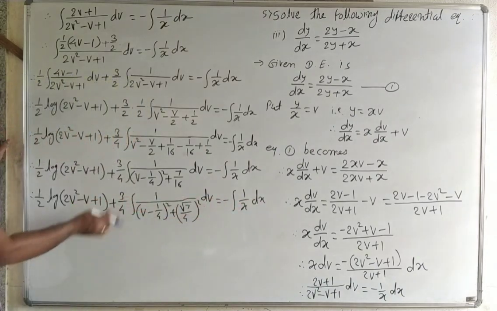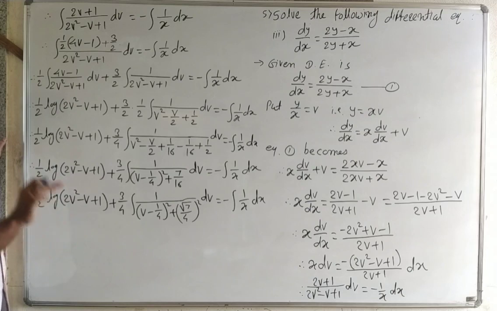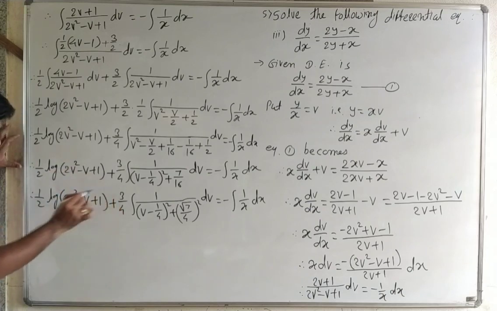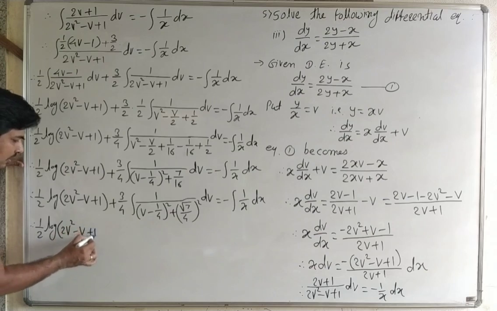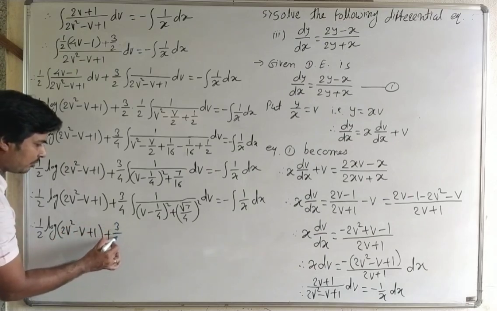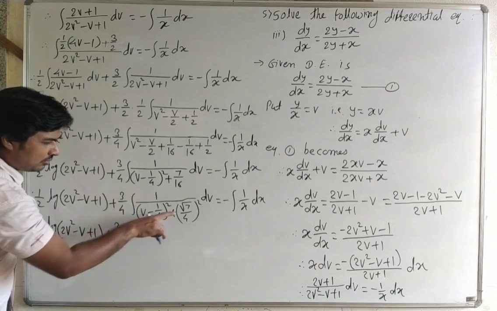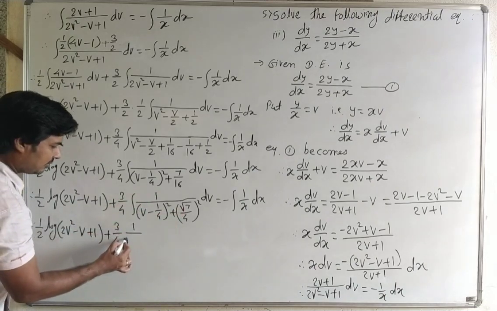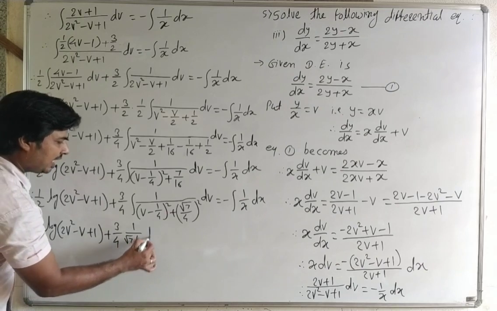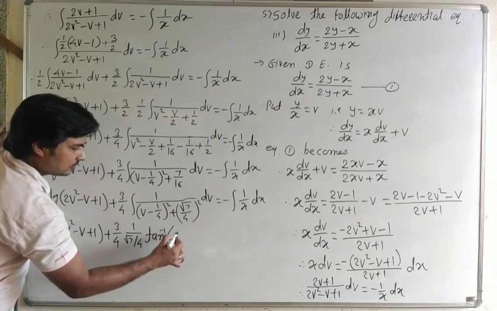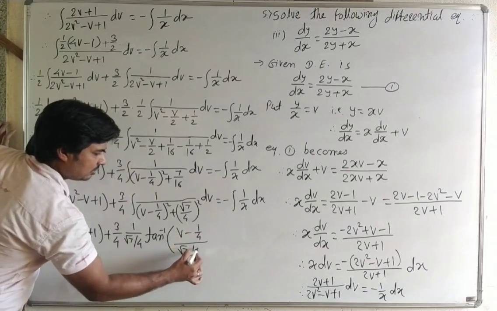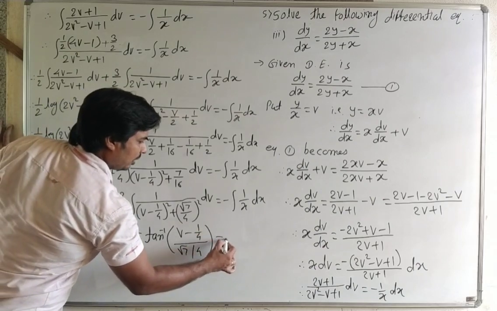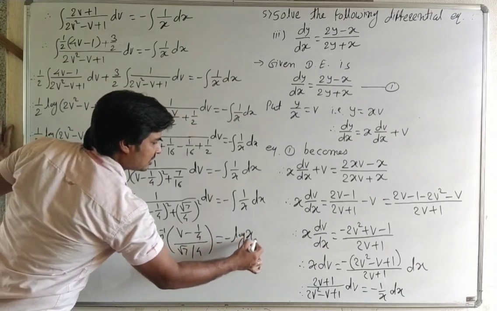Here it is a special integral, 1 upon x square plus a square, which is 1 by a tan inverse x by a. Okay, here in terms of phi. Therefore it is 1 by 2 as it is log of 2v square minus v plus 1 plus 3 by 4 as it is, 1 upon x square plus a square, which is 1 by a, under root 7 by 4, tan inverse of phi minus 1 by 4 upon under root 7 by 4, is equal to minus log x plus c.